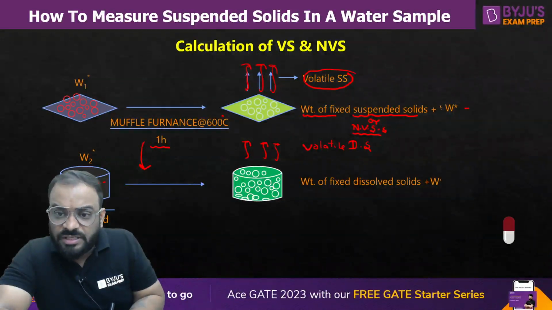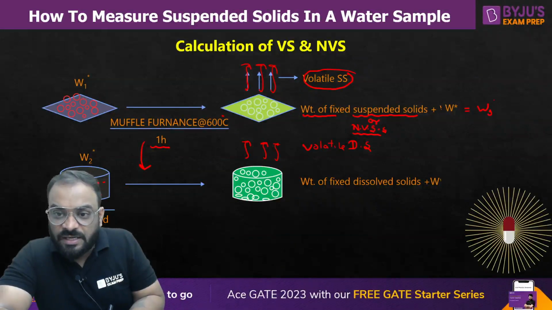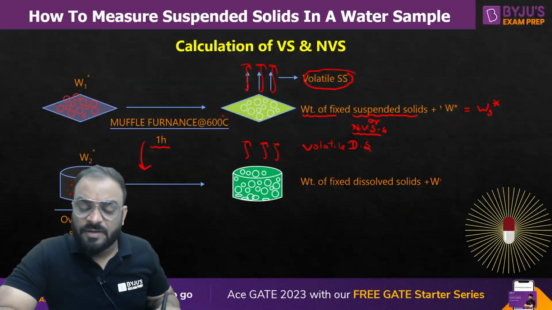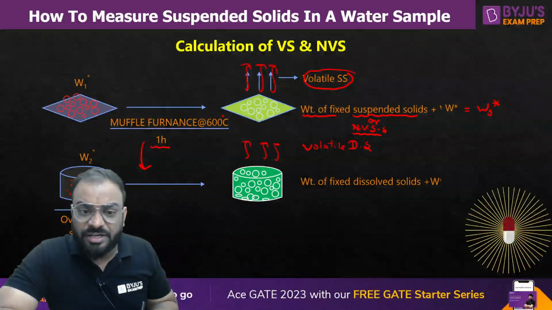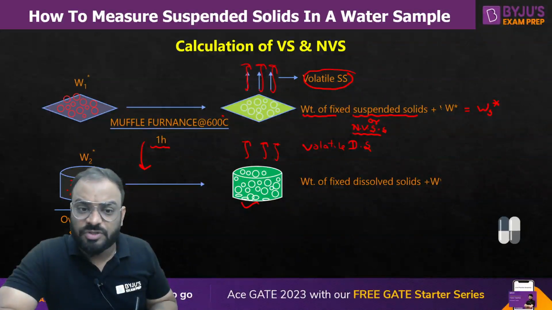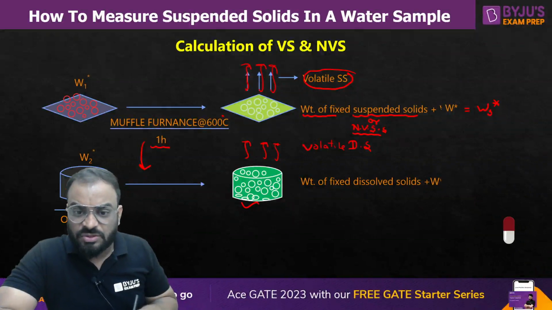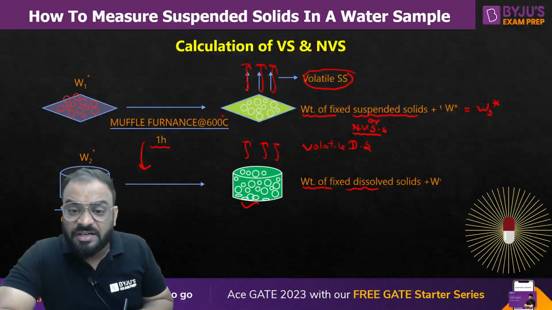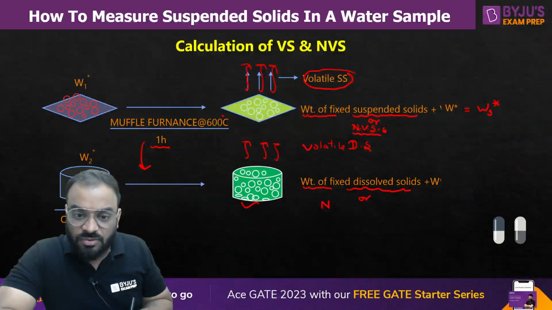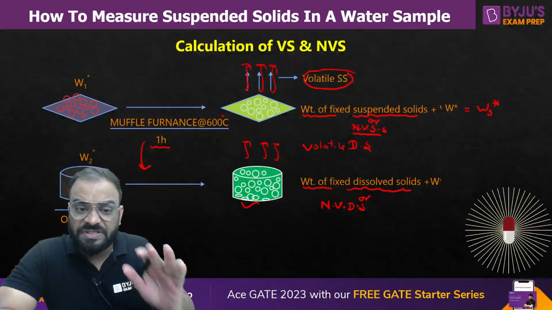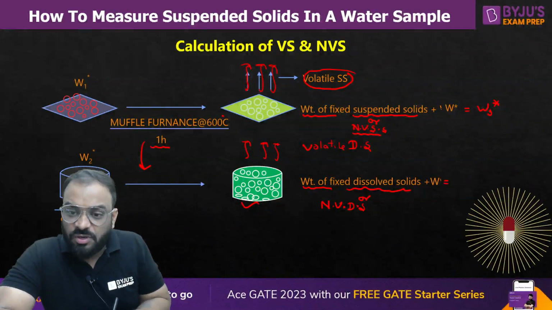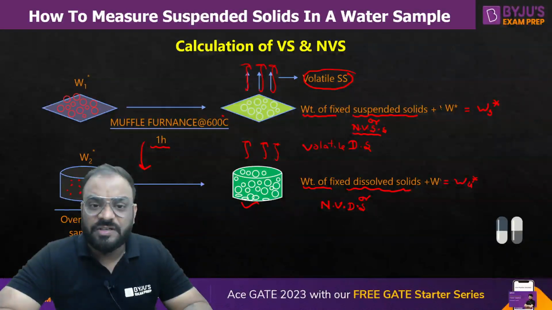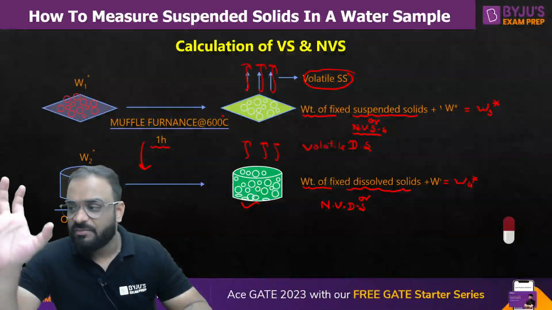Let us suppose this value is W3 star. Clear? Similarly guys, if you take the weight of the sample which was put into the muffle furnace, it is the weight of fixed dissolved solid, or non-volatile dissolved solid, plus W. W is the weight of the crucible and it is equal to W4 star. Clear?